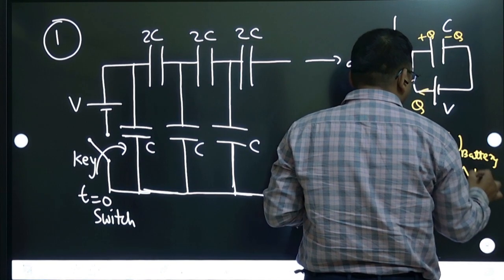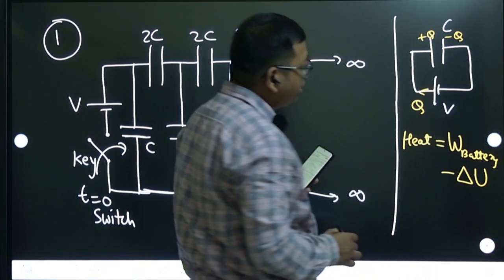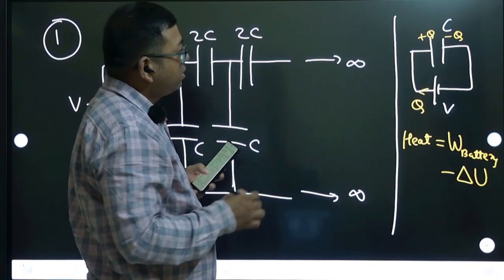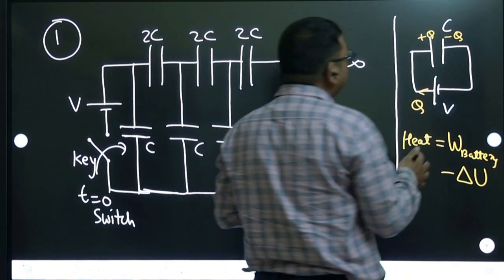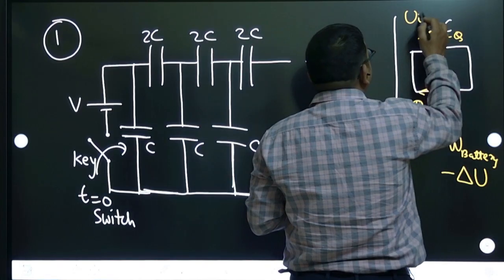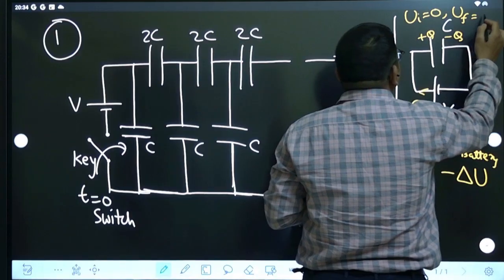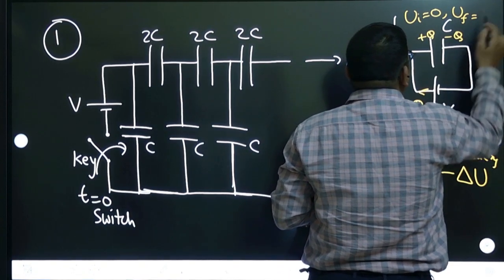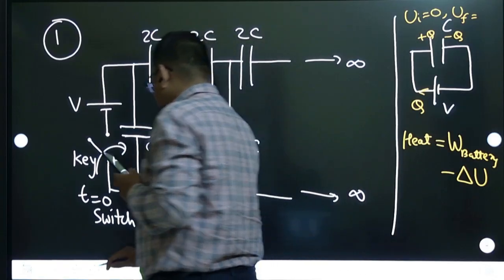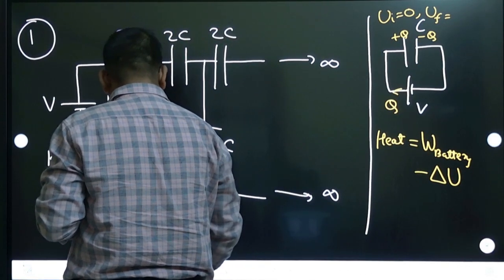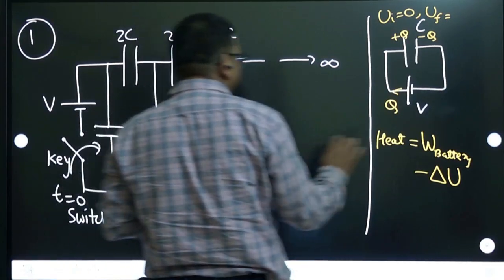minus the change of energy in the capacitor. Initially the capacitor has zero energy, no energy. Finally the capacitor has energy of half CV square, you know that, right? I think we have not covered this, but let's write it now.